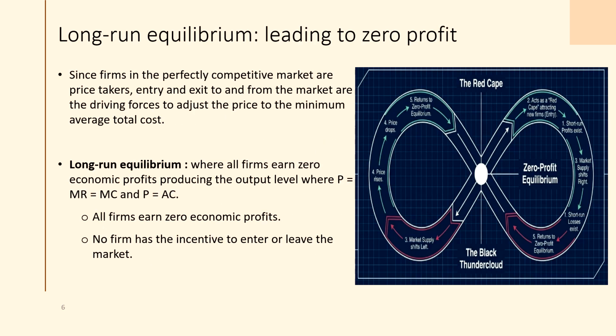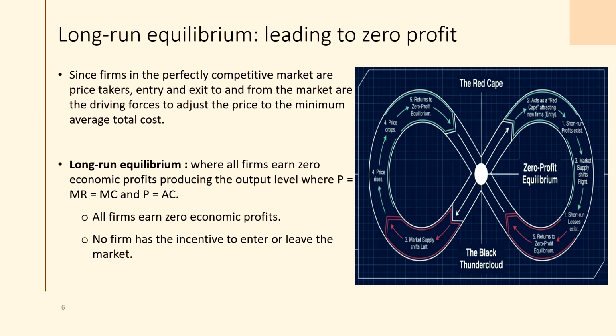Now let's define long-run equilibrium. In a perfectly competitive market, the firms are price takers, so they cannot control price. Instead, entry and exit adjust the market price over time. Long-run equilibrium occurs when firms produce at a level where price equals marginal revenue equals marginal cost, and price also equals average cost.